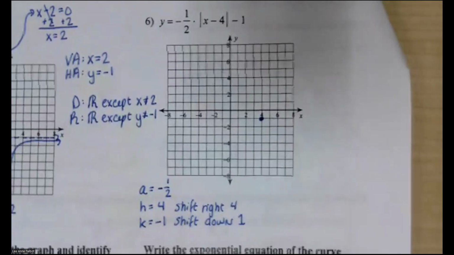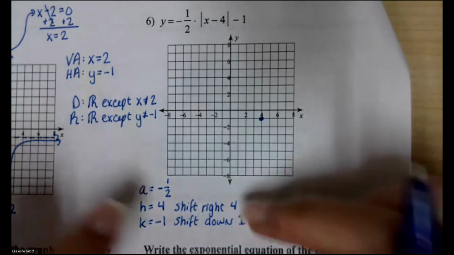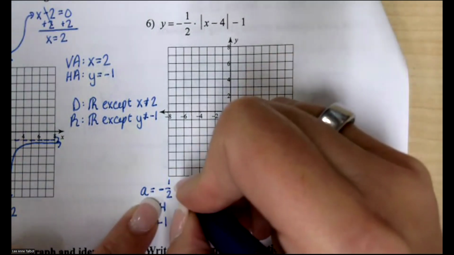So let me pause. Does everybody understand where I got A, H, and K? And do you understand the shift right 4 and the shift down 1? Okay, so now how do we graph this and what do we say is the next question. So when it's a negative, yeah, okay, so we got to say two things.